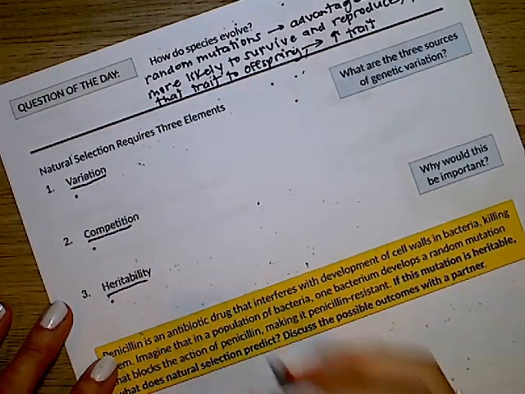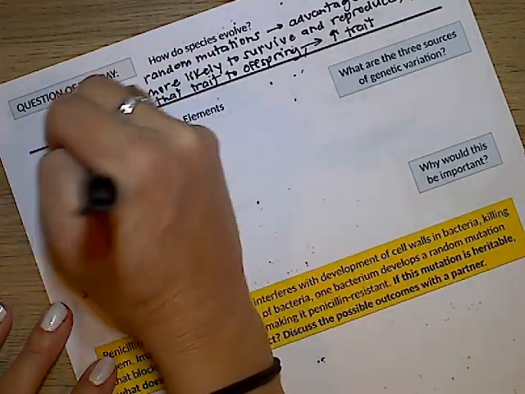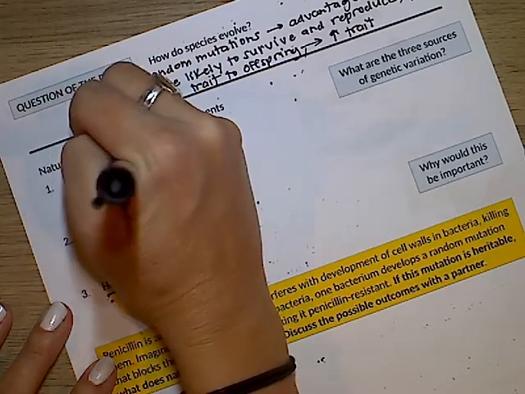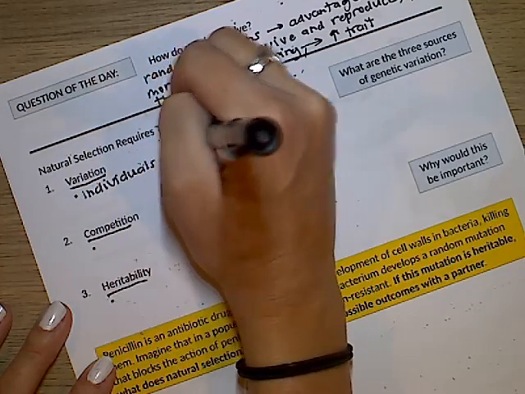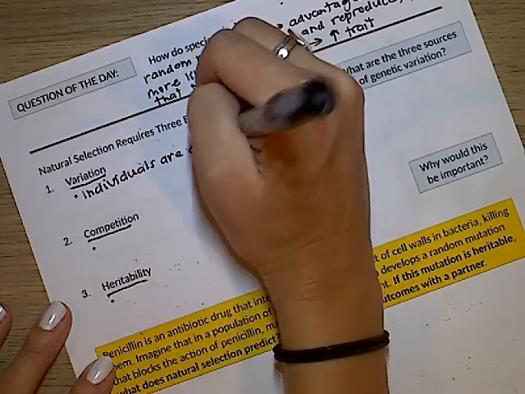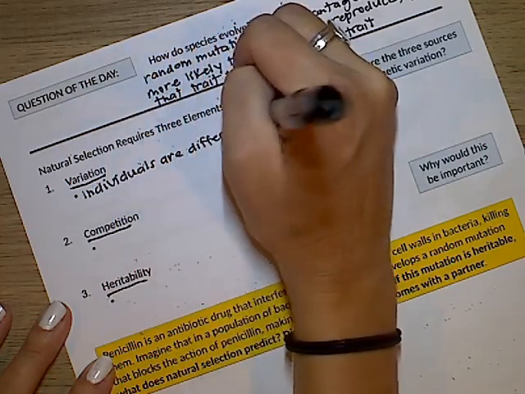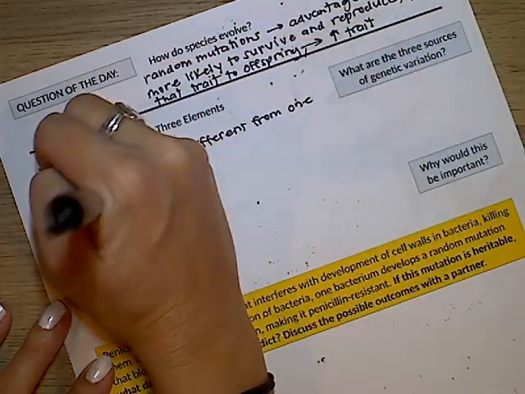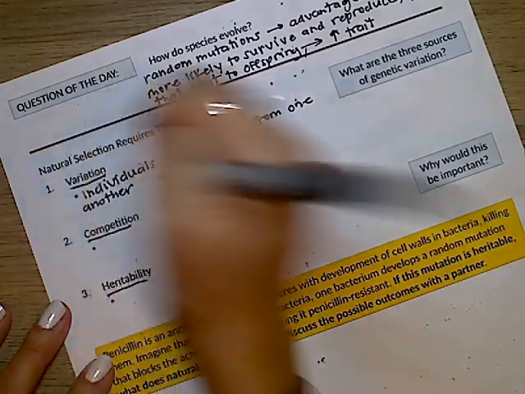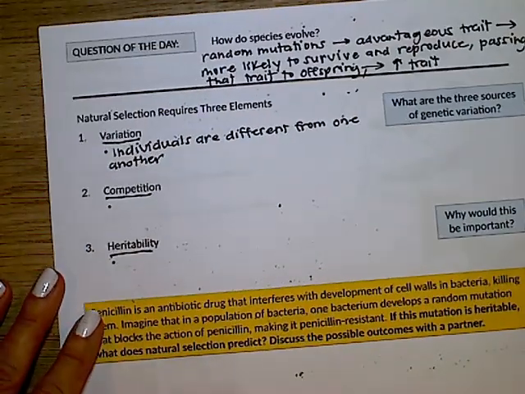So individuals are different from one another. So back to giraffes, some have short necks, some have long necks, some have medium necks.